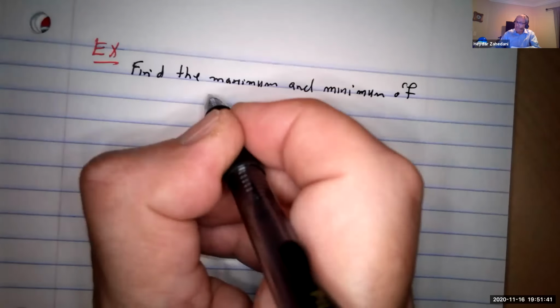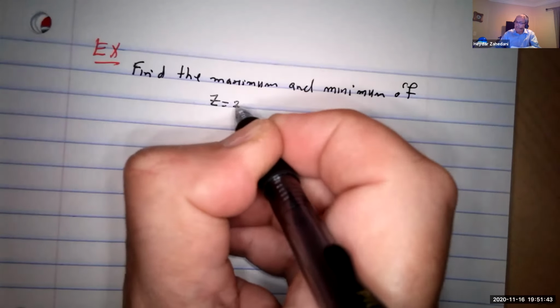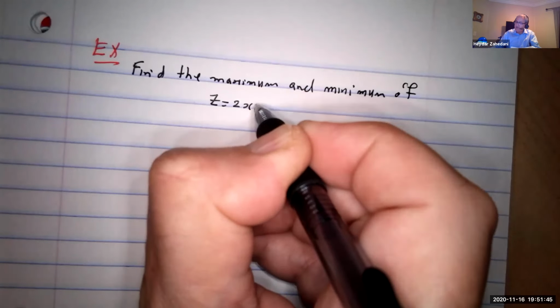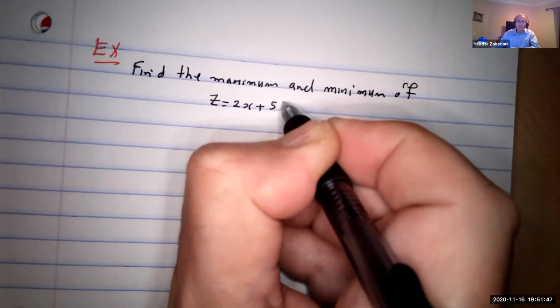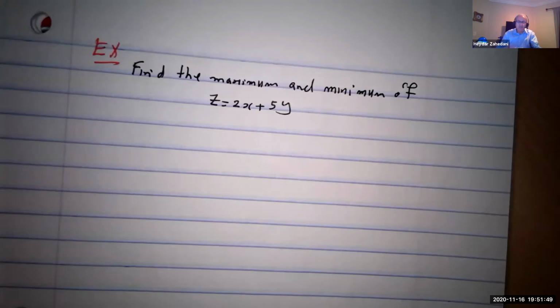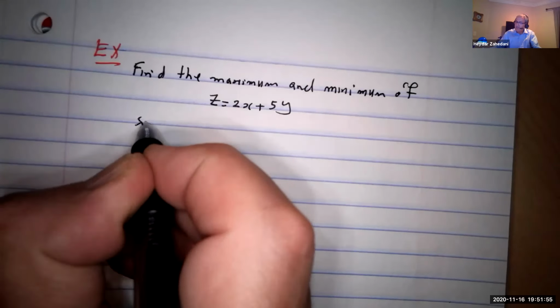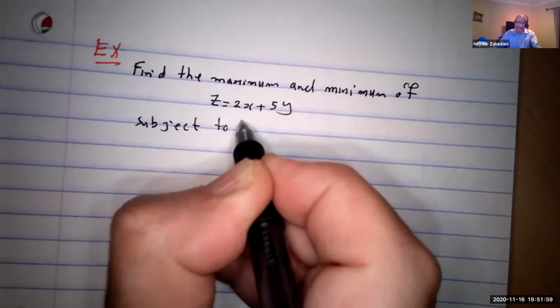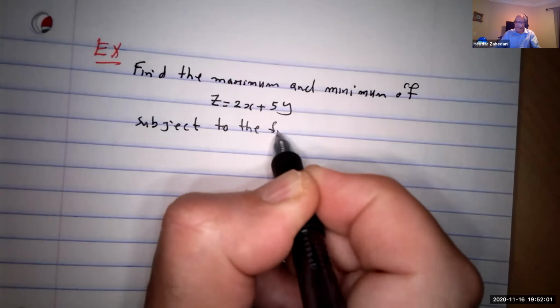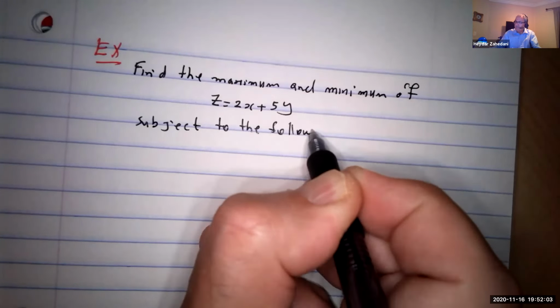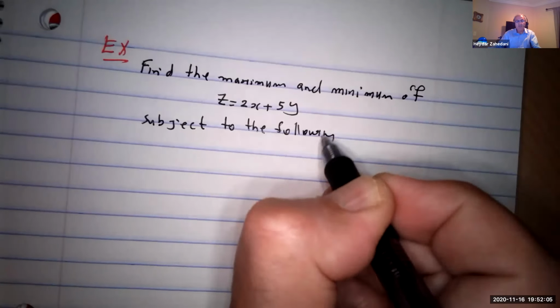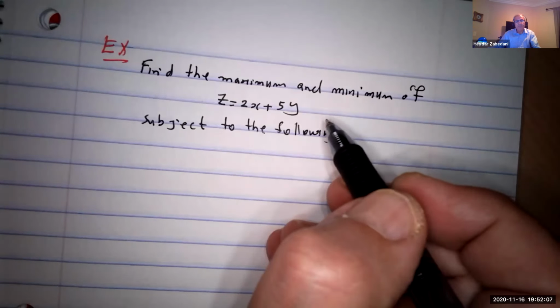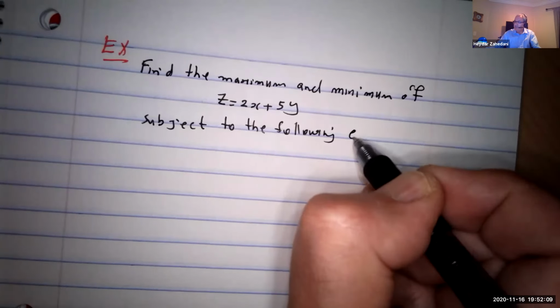The objective function is z equal to 2x plus 5y. That's your objective function, and you want to do it subject to the following condition or constraint.